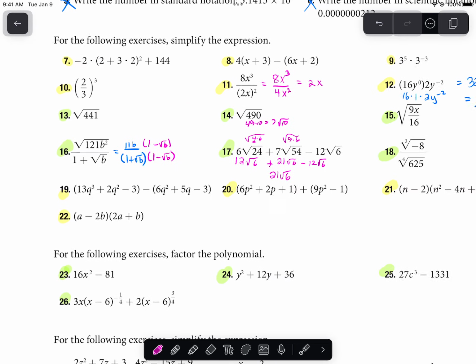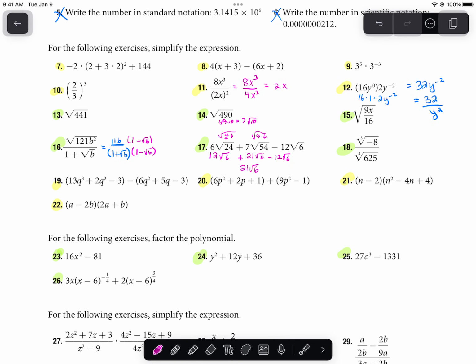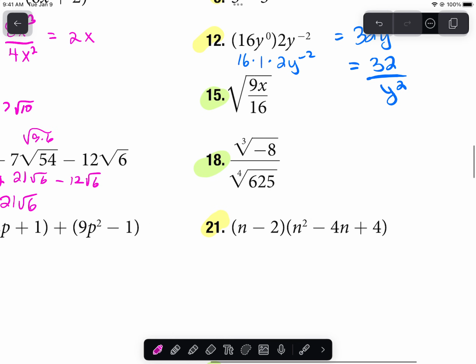Okay. Any other questions? We're still just talking about 7 to 22. Yes. Okay. So 15, you're just going to square root the top individually, square root the bottom. Now, it's always a good idea to look, could you reduce that fraction to begin with?